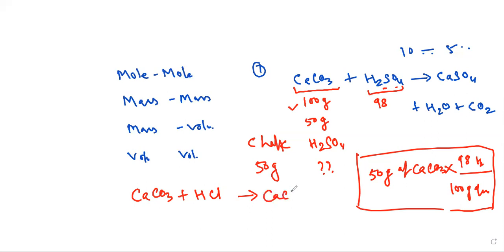CaCl2 plus H2O plus CO2. Okay. So, mass and volume. This time volume is given for CO2, 10 liters, and you have to find the mass of this chalk.